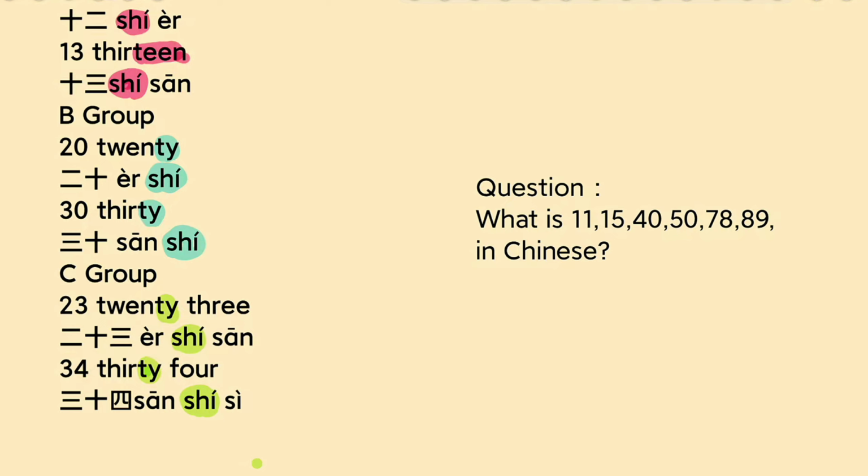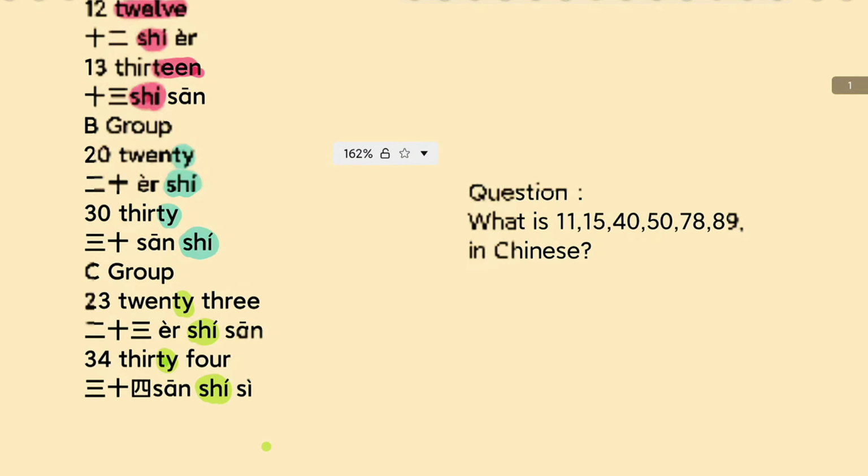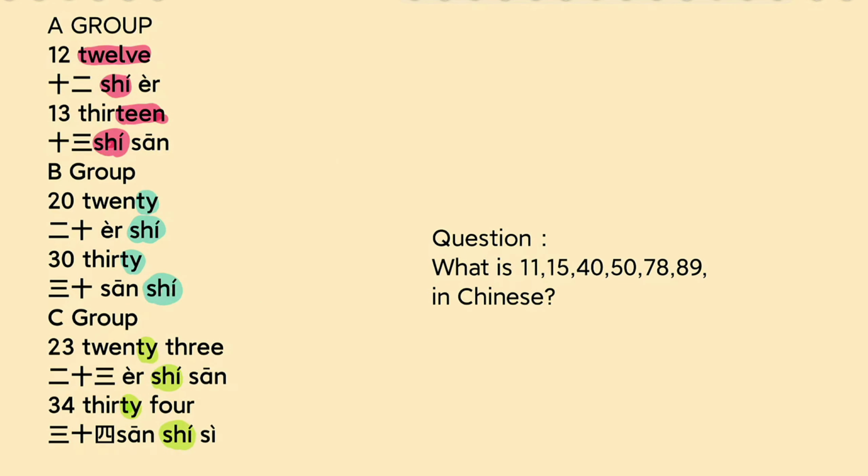And by the same principle, 34 is 三十四. So in conclusion, if you want to express the numbers from 11 to 99, you just need to grasp the places of 10. Then you can express all numbers in Chinese fluently as long as you grasp the meaning and the places.